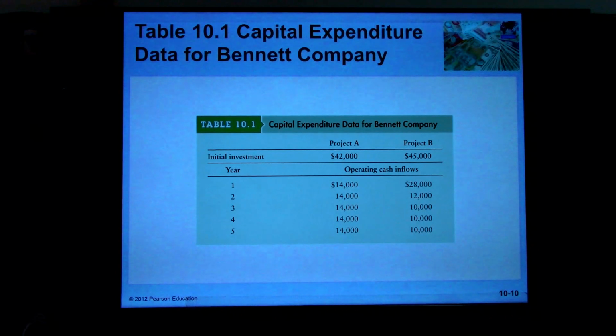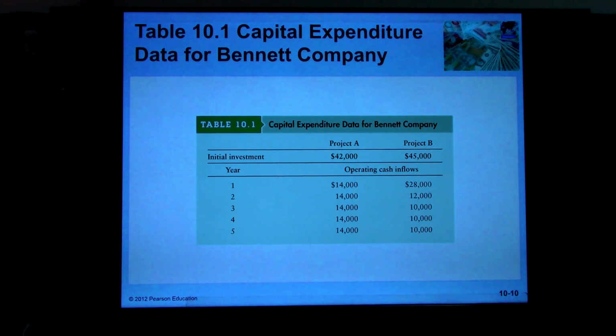Imagine there are two projects, project A and project B. These projects include two types of cash flows, cash inflows and cash outflows. Cash inflows are the cash that will come into your corporation as a result of the activity of this project.